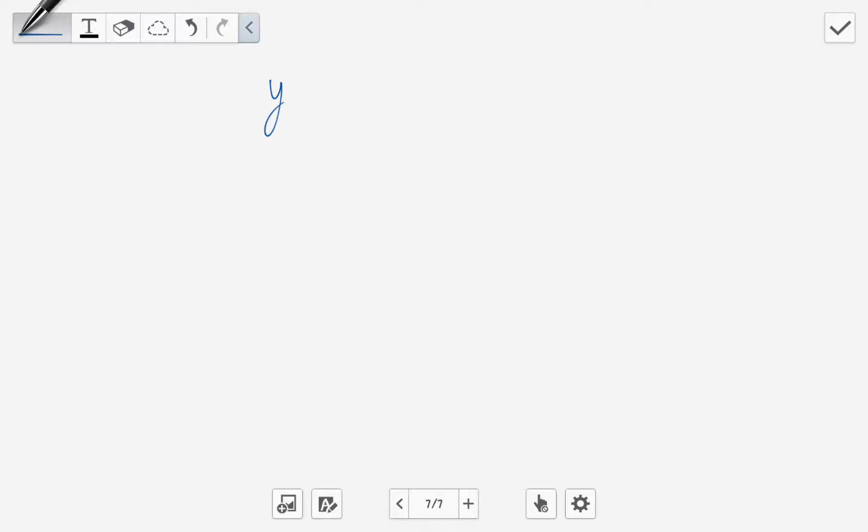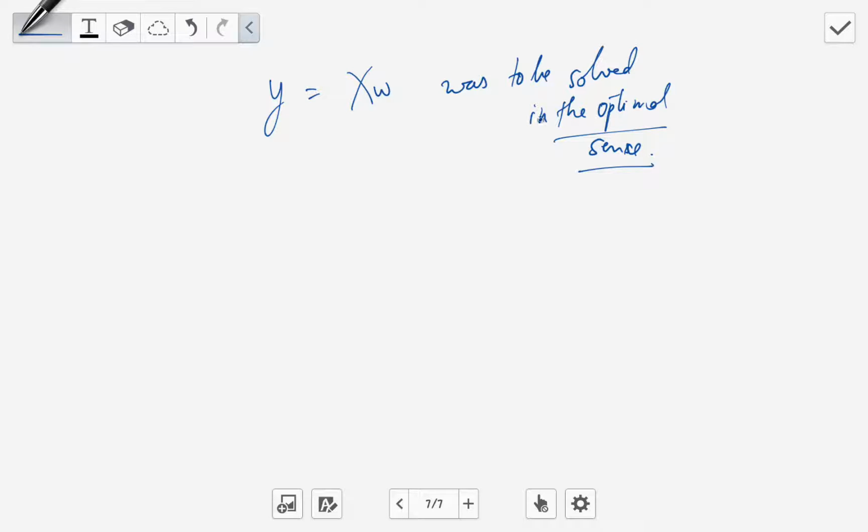So your y is equal to xw was to be solved in the optimal sense. Fine.